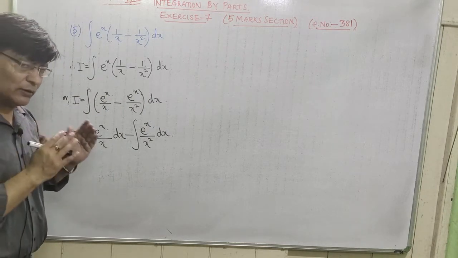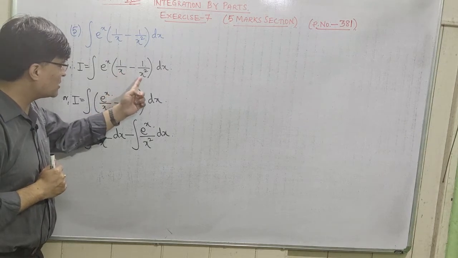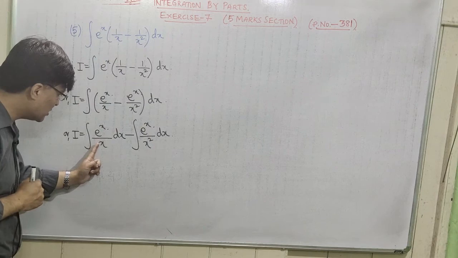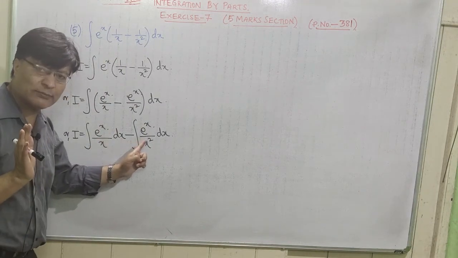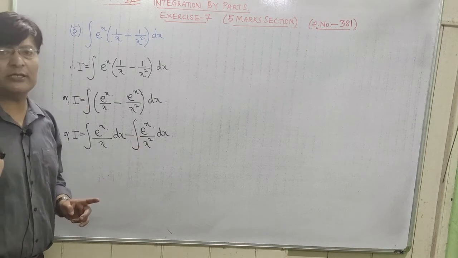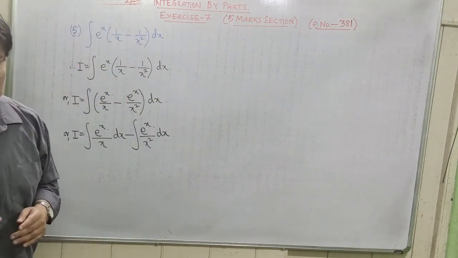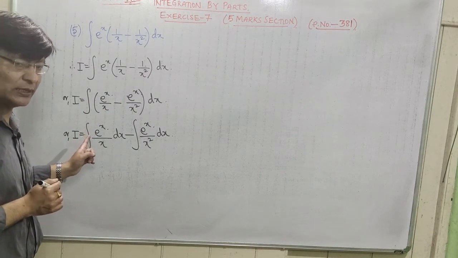As I already told you, differentiation of the first function 1 upon x is the second function, that is minus 1 upon x square. So let us use integration by parts for the first function only, keeping the second term as it is. That means you cannot use integration by parts for the second function, right? So let us use integration by parts for the first function only.